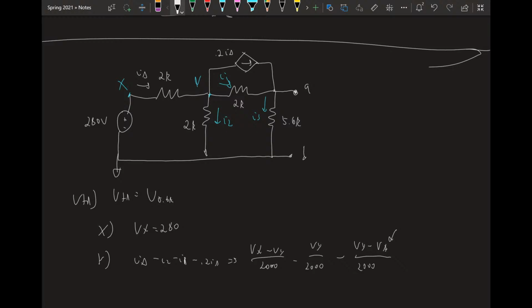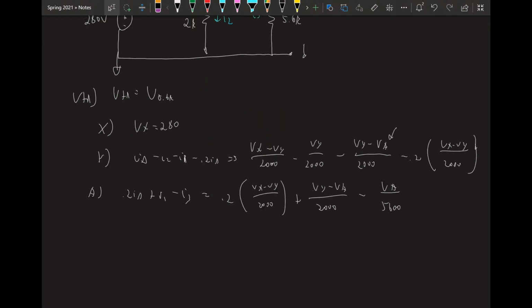Right? And now we can see we have two equations, two unknowns. We'd solve for it, and we'd find that Va is equal to 112 volts, which equals V Thevenin. So we have found our Thevenin voltage. Sweet. Let's move on.